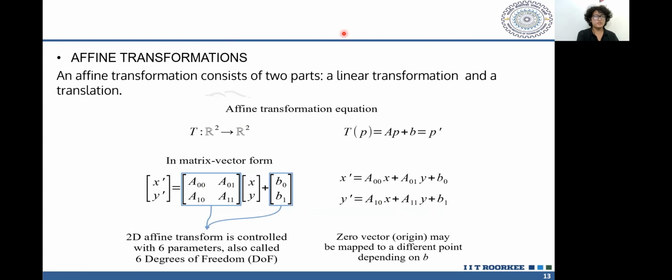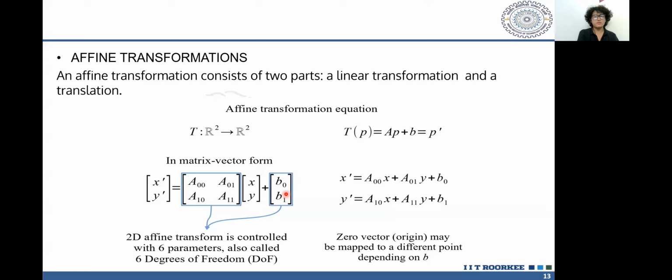The second kind of transformation is what we call affine transformations. These affine transformations are not linear, but can be said to consist of a linear transformation and a translation operation. We can see it here. We can apply a linear transformation, like scaling the x and y coordinates, and after scaling, we can shift the position of the coordinates so that the zero vector does not align as it was before.